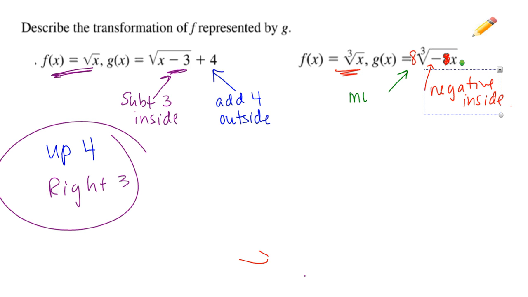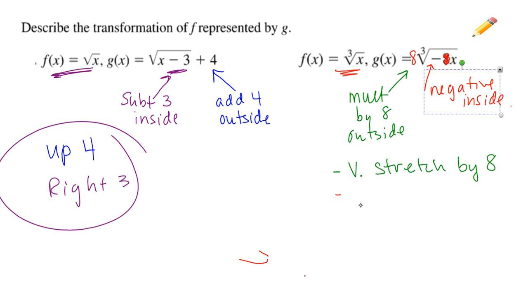We're multiplying by it. Okay, you look back at your cheat sheet. The green one says we've done a vertical stretch by 8. And the red one is negative inside, which means a reflection. This time it's over the y-axis.